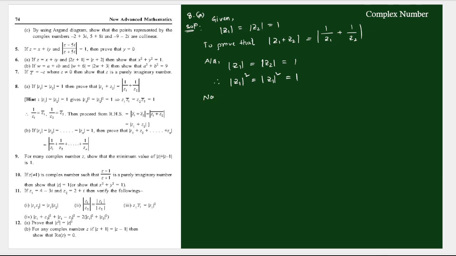Now modulus of z1 squared equal to 1, and that is nothing but z1 multiplied by its conjugate equal to 1. So what do we need? On the right hand side, what do we have? 1 by z1. So z1 conjugate is 1 by z1.